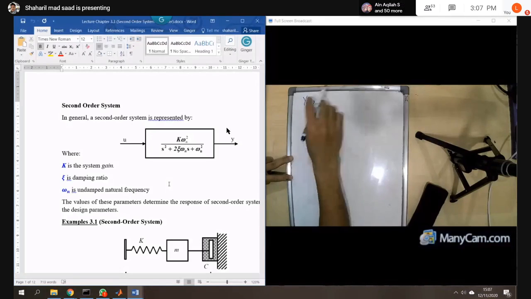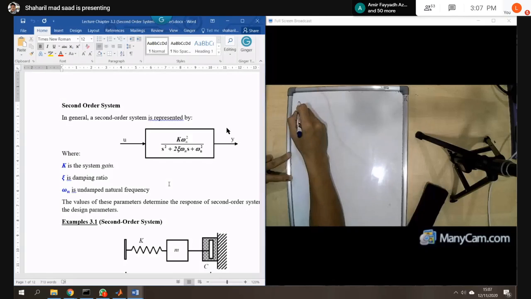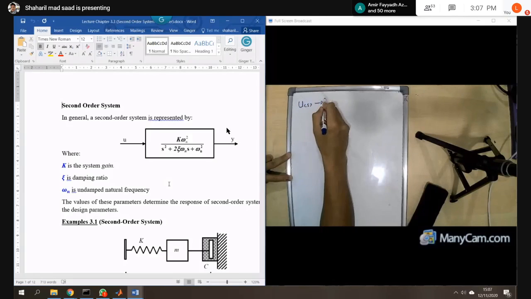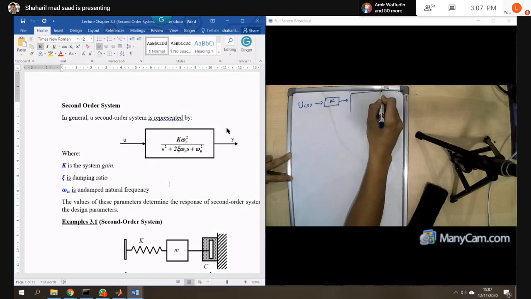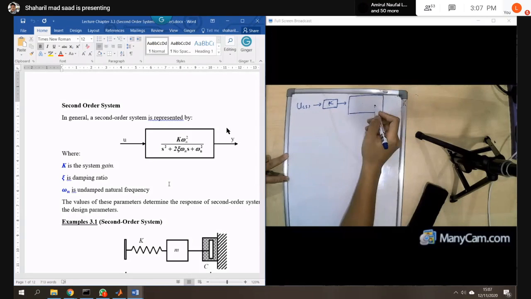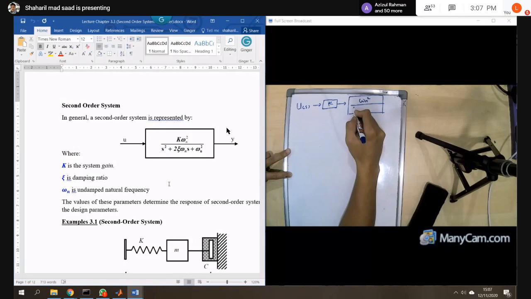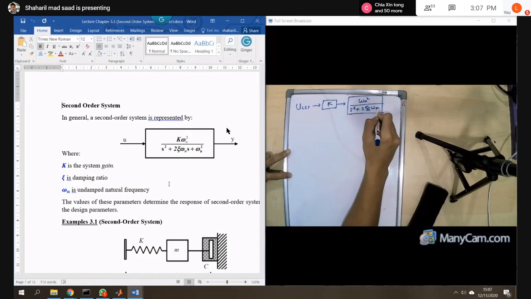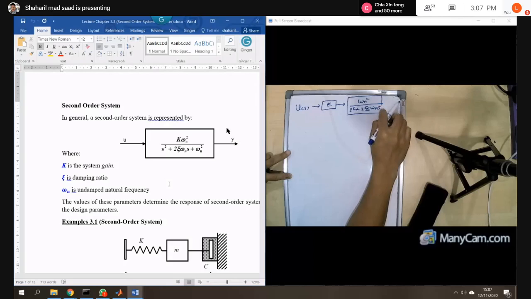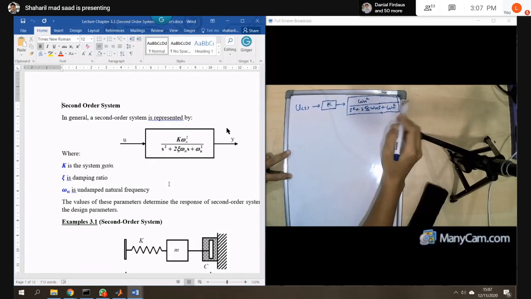I like to write it like this: K times omega n squared divided by s squared plus 2 zeta omega n s plus omega n squared, which gives Y(s).